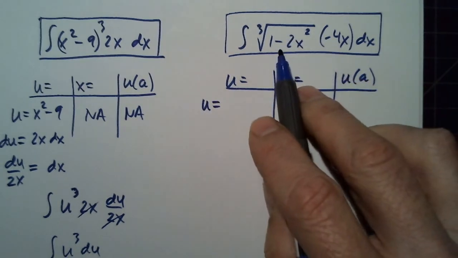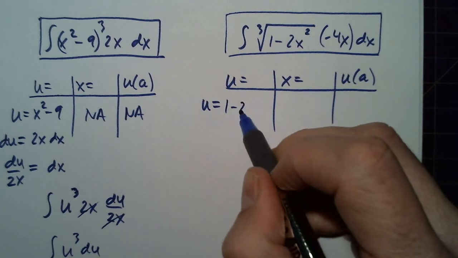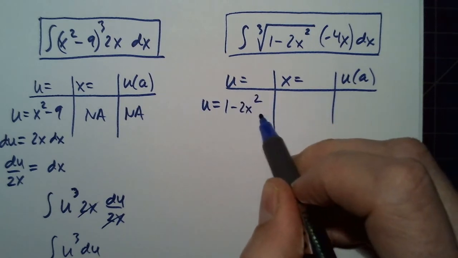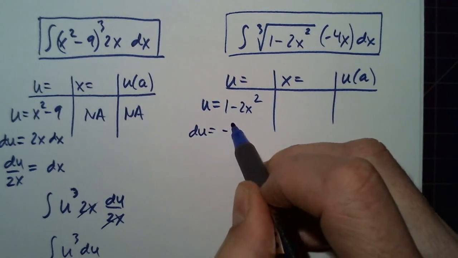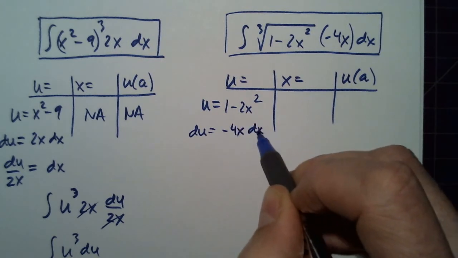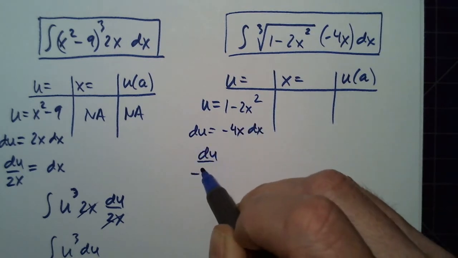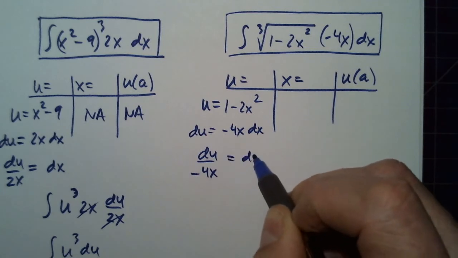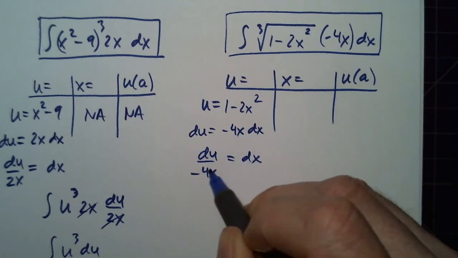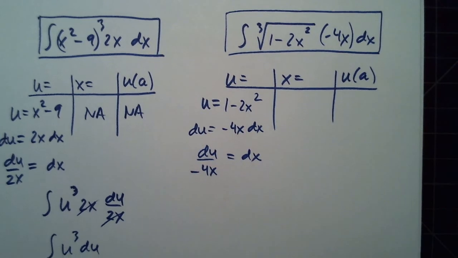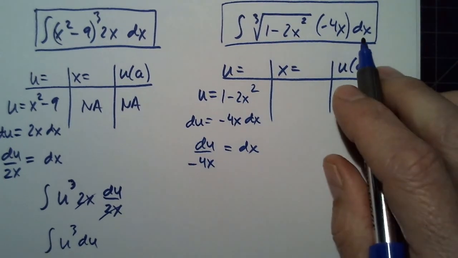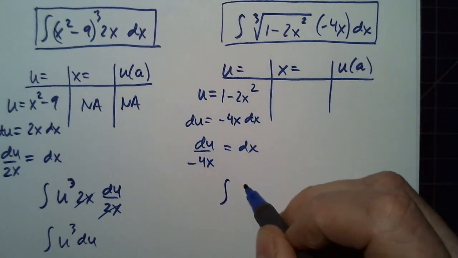We have an inside and an outside, so let u equal the inside. du is negative 4x dx. We need to substitute for dx, so we have to divide by negative 4x. And now we can substitute for dx.